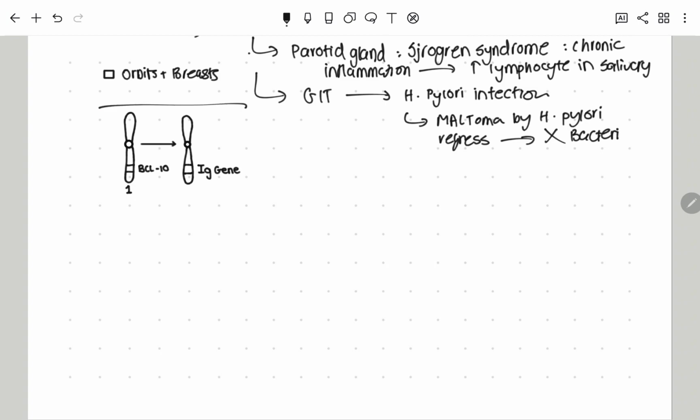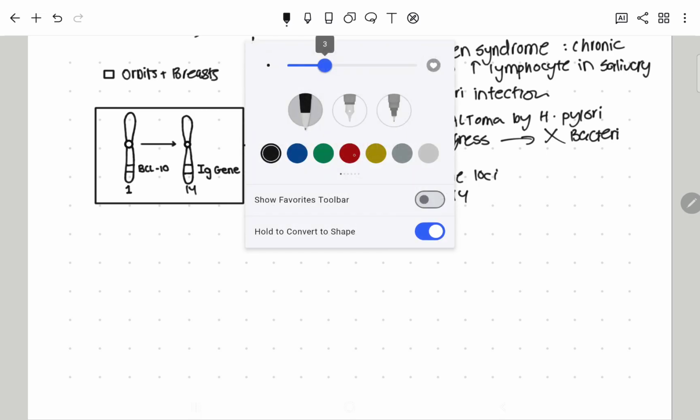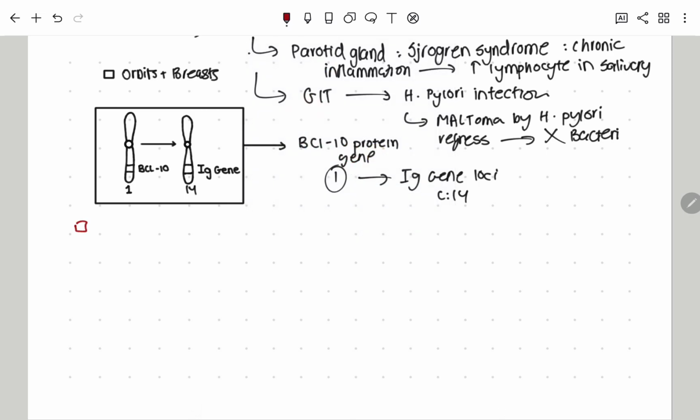The last thing to cover is your chromosomal translocation, and this is simply the translocation of the BCL10 gene, which is found on chromosome 1, to once again chromosome 14, where you have the IG gene loci.